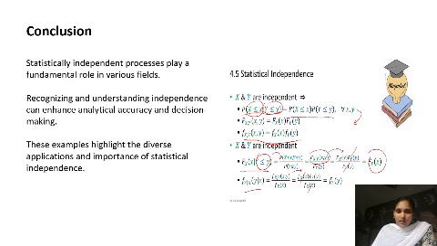Fx of x, y less than or equal to y equals P of X less than or equal to x, Y less than or equal to y, divided by P of Y less than or equal to y, which equals fx of x. The conditional density f of x given y equals f of x, y divided by f of y, which equals fx of x.